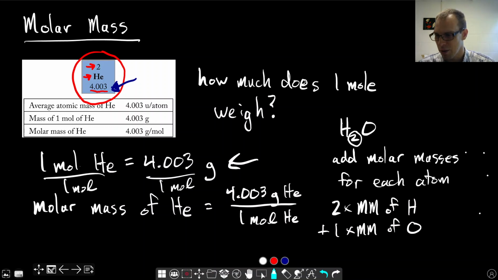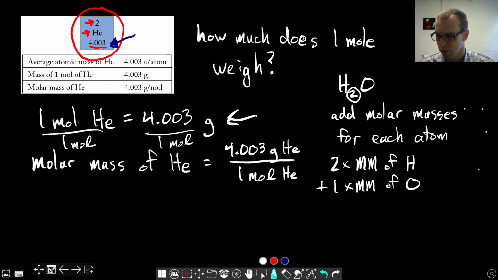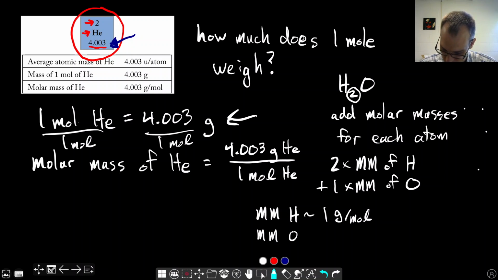These I happen to know approximate values off the top of my head, so I'll go ahead and just calculate this real quick. The molar mass of hydrogen, if we look it up in the periodic table, is about 1 gram per mole. If we only use one significant figure, the molar mass of oxygen is about 16 grams per mole.